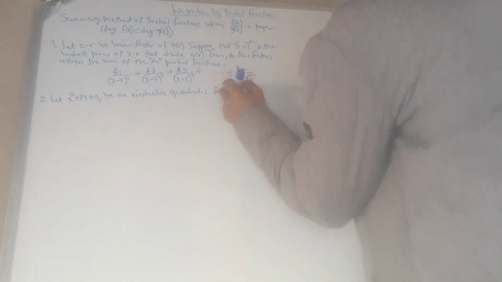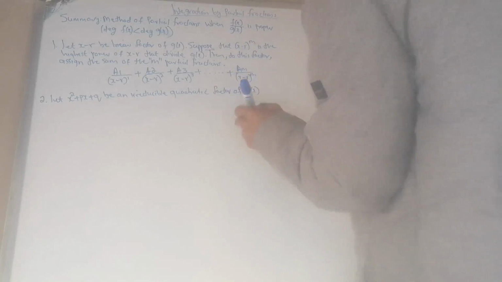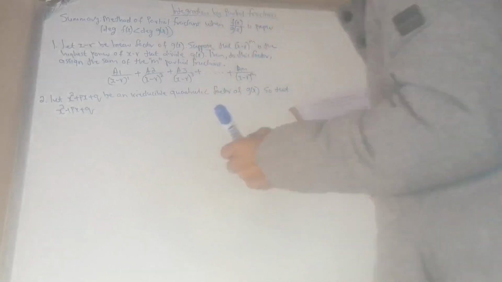We let x squared plus px plus q be an irreducible quadratic factor of g of x, so that x squared plus px plus q has no real roots.